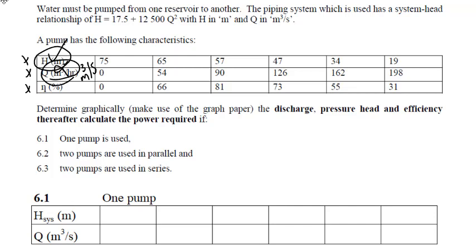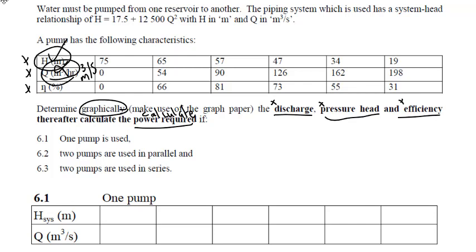Then further on it reads, determine graphically, so you'll have to use graph paper, the discharge, the pressure head, and efficiency, and thereafter the power required. You'll have to read off the discharge, the pressure head H, and the efficiency, and thereafter calculate the power required.